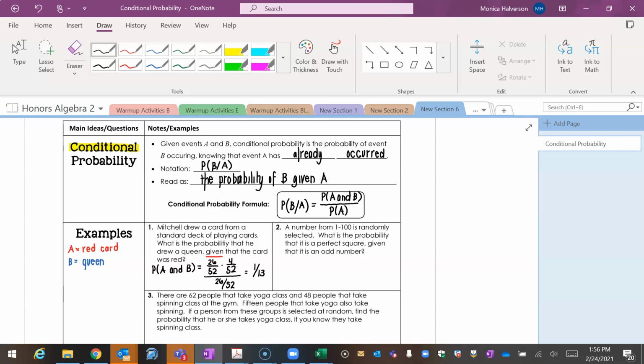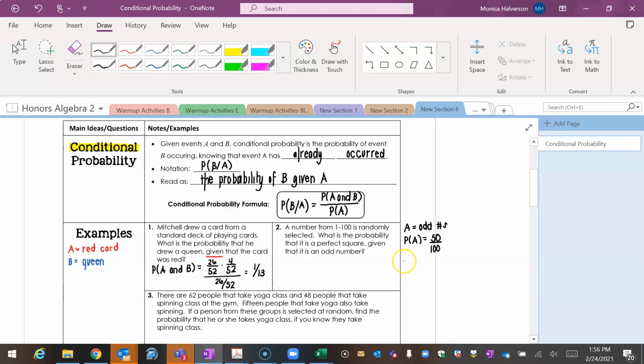All right, let's look at number 2 together. A number from 1 to 100 is randomly selected. What is the probability that it is a perfect square given that it's an odd number? What's given, the event that has already occurred, is that they've already drawn out all the odd numbers. So the probability of picking an odd number is 50 out of 100.